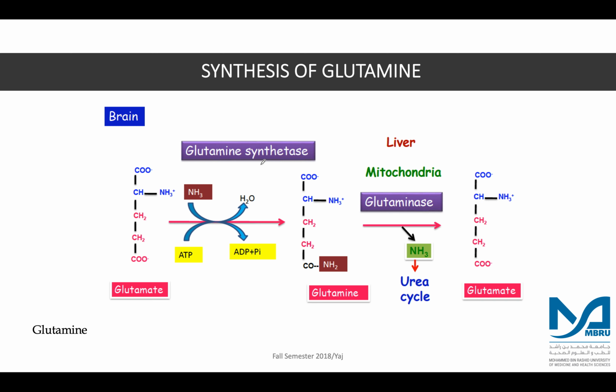Now let us look at the transport of ammonia from the brain, and that we have to look at in detail. Now, there are 2 ways glutamate is used up.